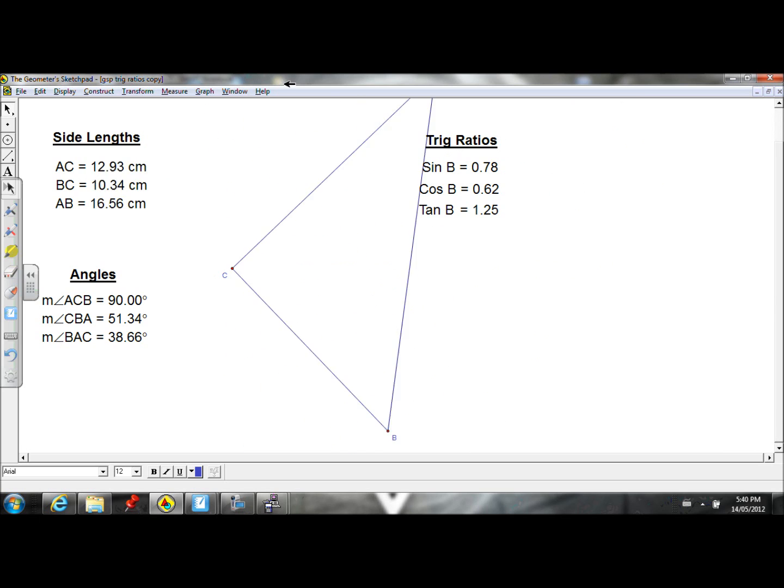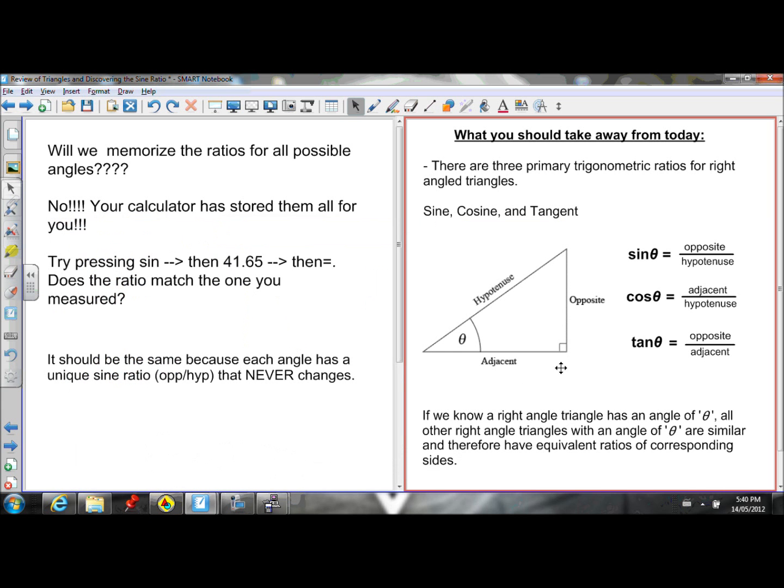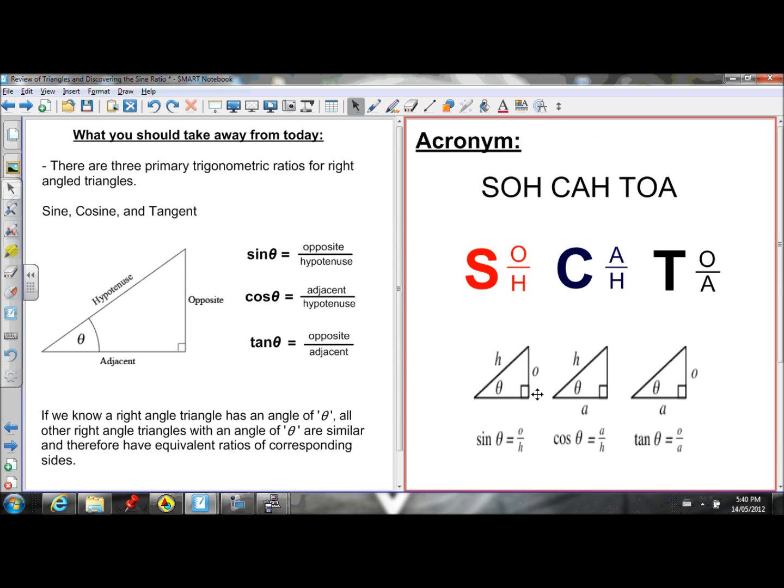No matter what size it is, the trig ratios stay the same as long as the angles stay the same, because each angle has its own unique sine, cosine, tan. But as soon as the angle starts to change, the trig ratios also start to change. Hopefully that helps us understand why we can use these trig ratios.